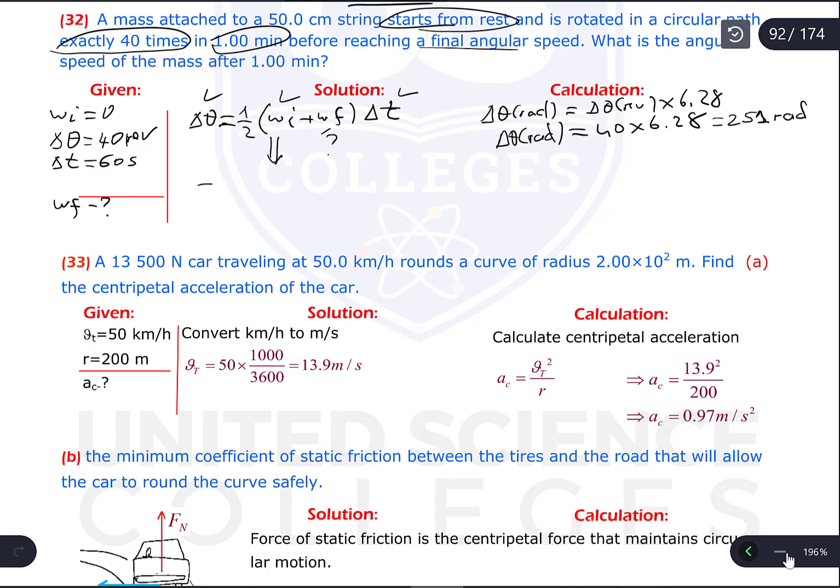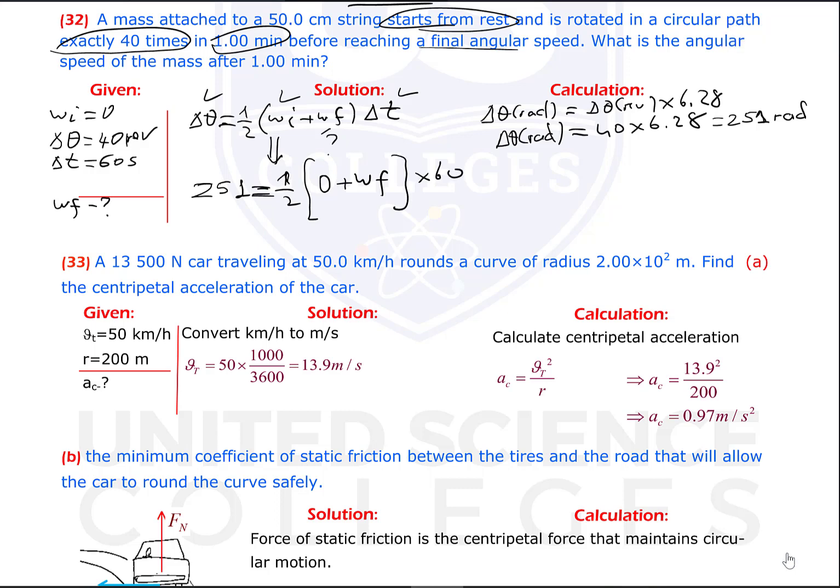So now let's go on. Delta theta, 251, equals 1/2 times omega initial, which is 0, plus omega final, which is the question, multiplied by delta t, which is 60. So 60 divided by 2 is 30.